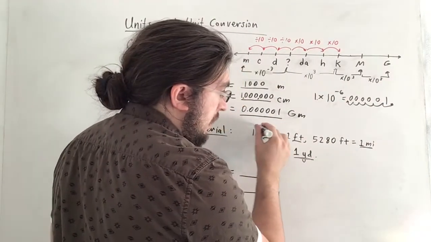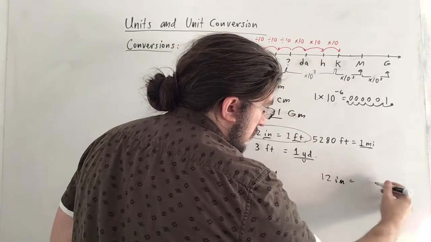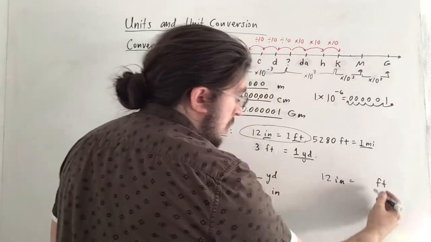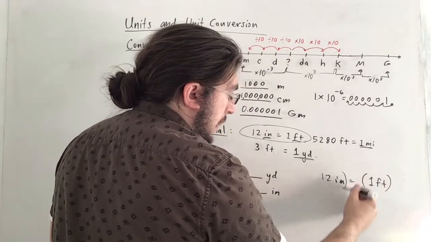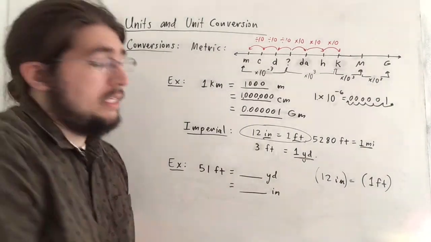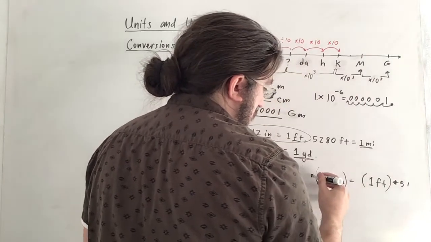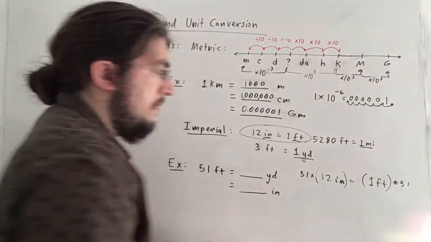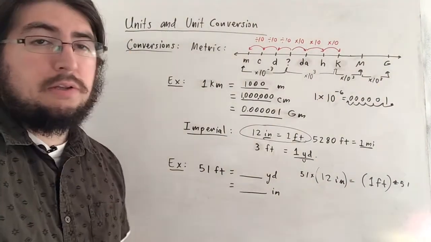Let's grab this equation involving feet and inches. It's 1 foot, and I'm going to multiply both sides by whatever we need to make that 1 foot 51 feet. And of course it's just 51. So if you multiply both sides by 51, then you'll get however many inches are in 51 feet, and then you just use your calculator from here.